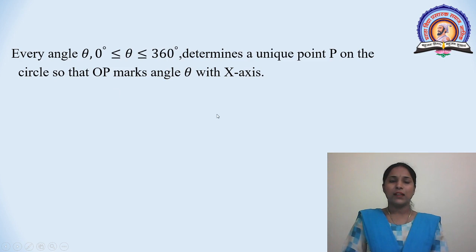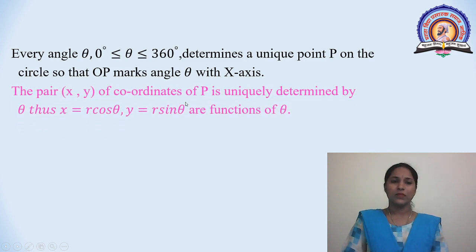Every angle theta, 0 degree to 360 degree, determines a unique point P on the circle, so that OP makes angle theta with the x-axis. The ordered pair xy of coordinates of P is uniquely determined by theta. Thus, x is equal to r cos theta and y is equal to r sin theta are functions of theta.